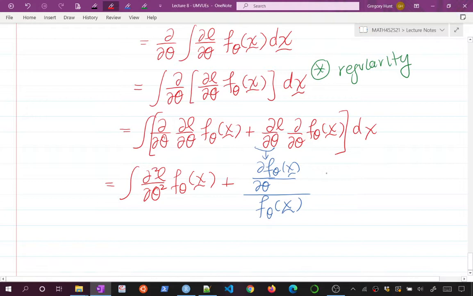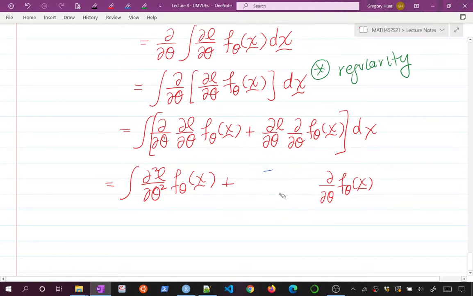And then we multiply by... Yes. Okay. You know what? This is going to be easier. Let's rewrite this. Sorry. Let's rewrite this.